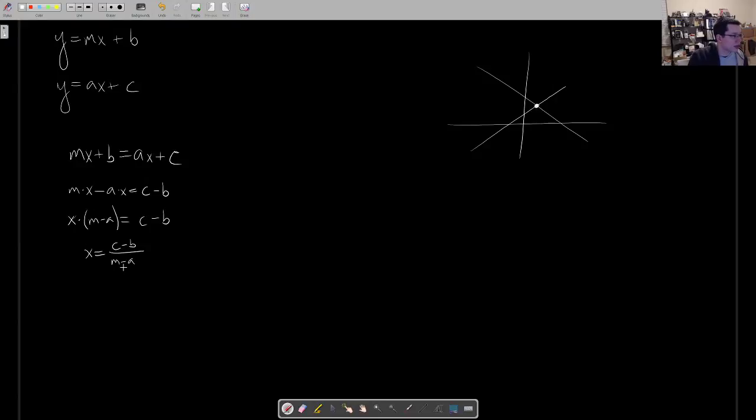So that gets us our x coordinate, and then if we want the y coordinate, we just do y equals a times c minus b over m minus a plus c.